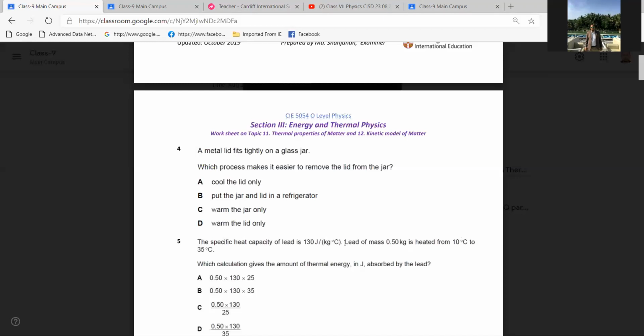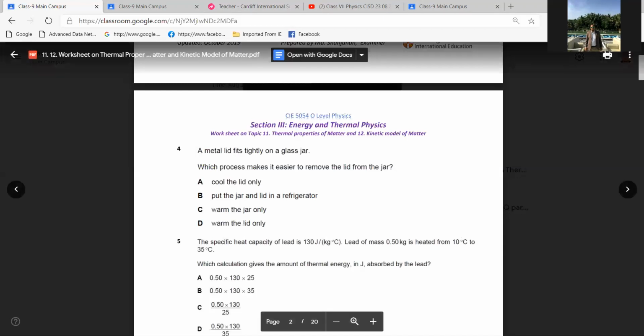Theta 2 minus theta 1 is del theta. Oh, del theta is one thing, right, sir? Del theta is the difference of two temperatures, theta 2 minus theta 1. Yes.